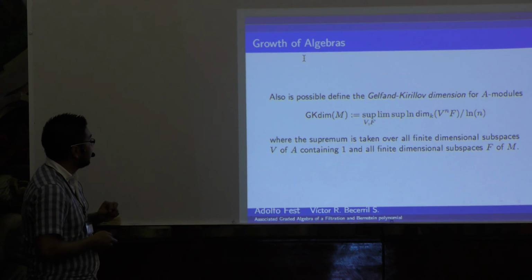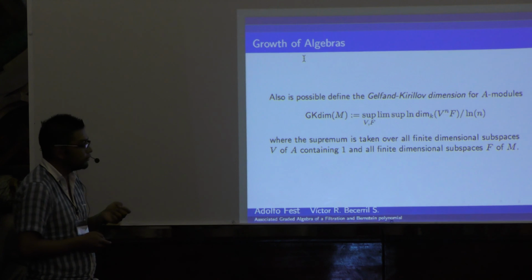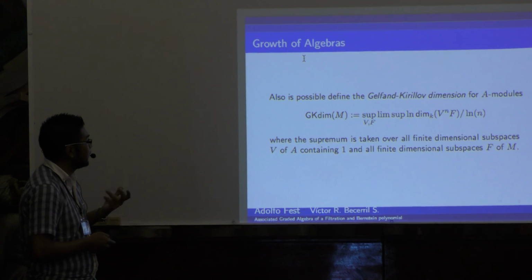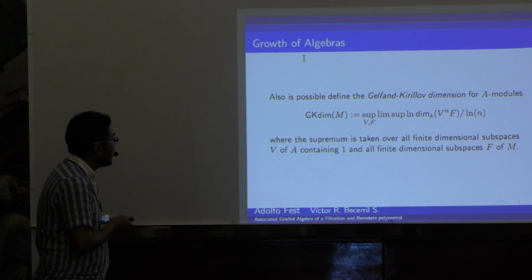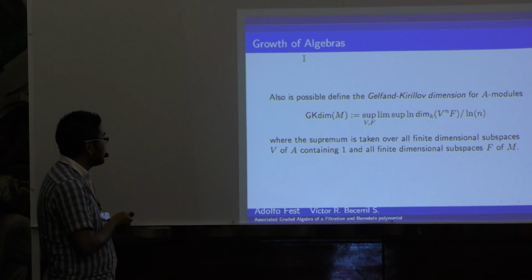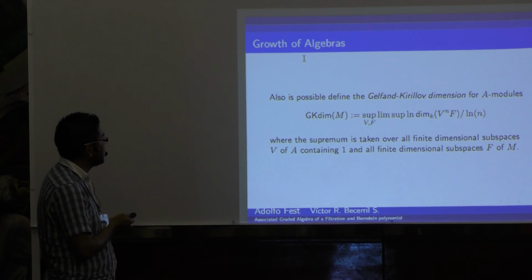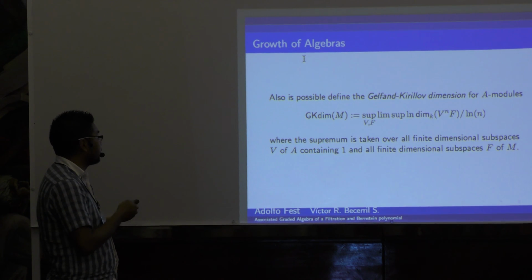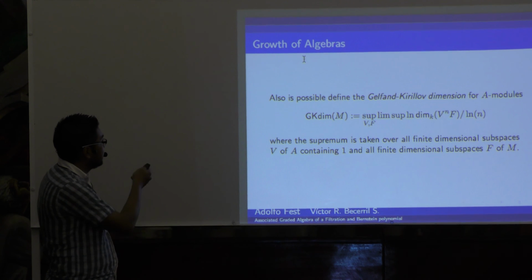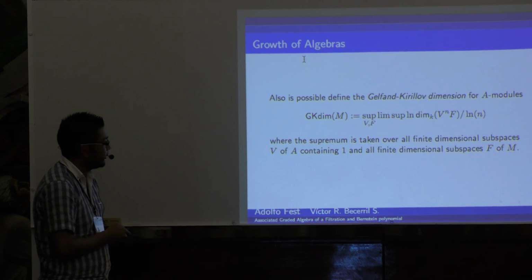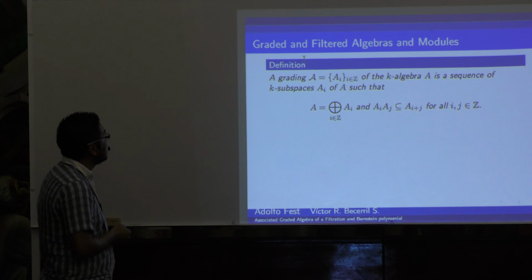Also, for the case of modules, we can do more or less the same thing, where F is a finite dimensional subspace of M that is a generator of M over the algebra A, and the B_n are the same that we defined.